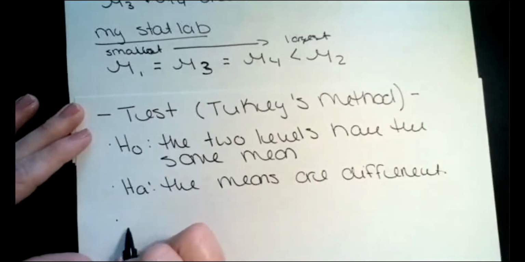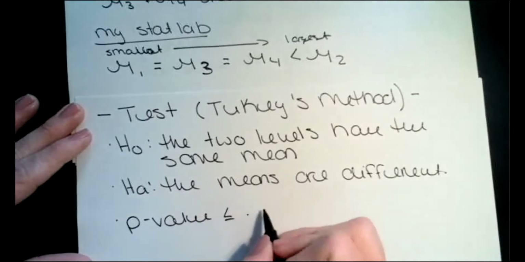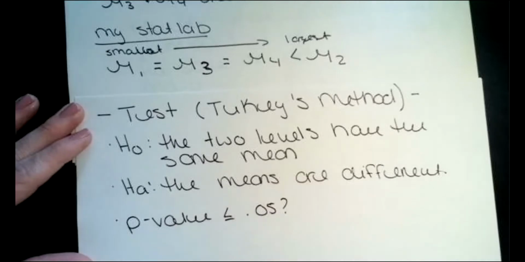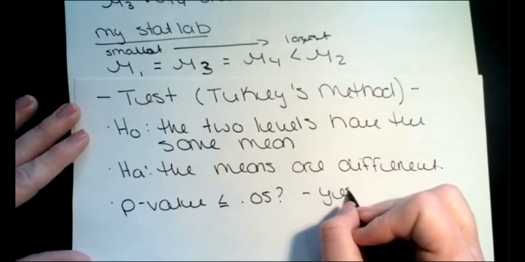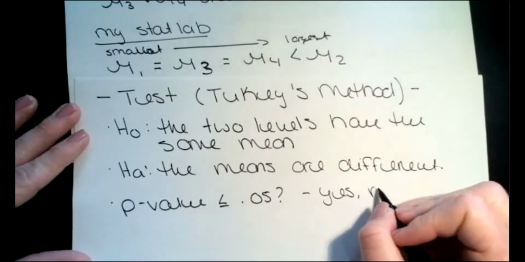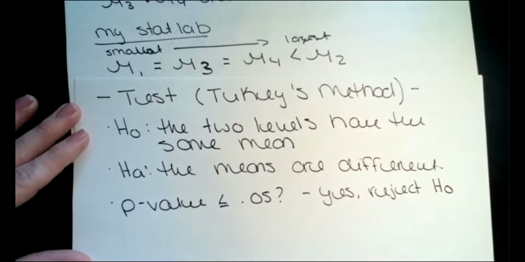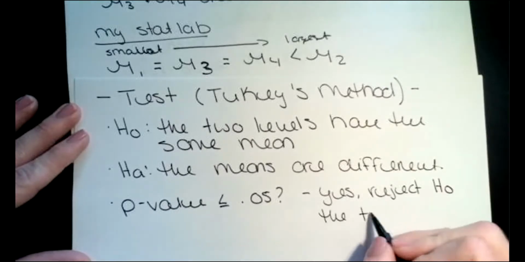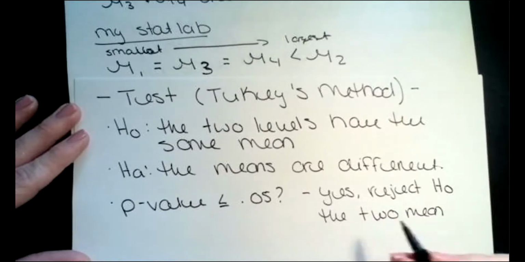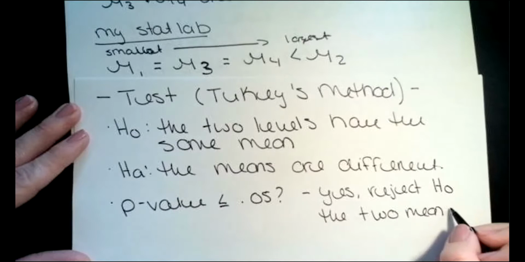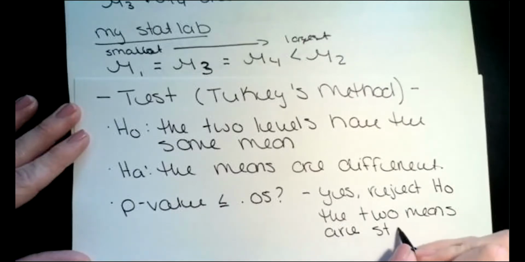So what you're going to do is take a look at your p-value and see: is it less than or equal to 0.05? That's your alpha. If you answer yes, then of course you can reject the null. And if you reject the null, then it means the two means are different.